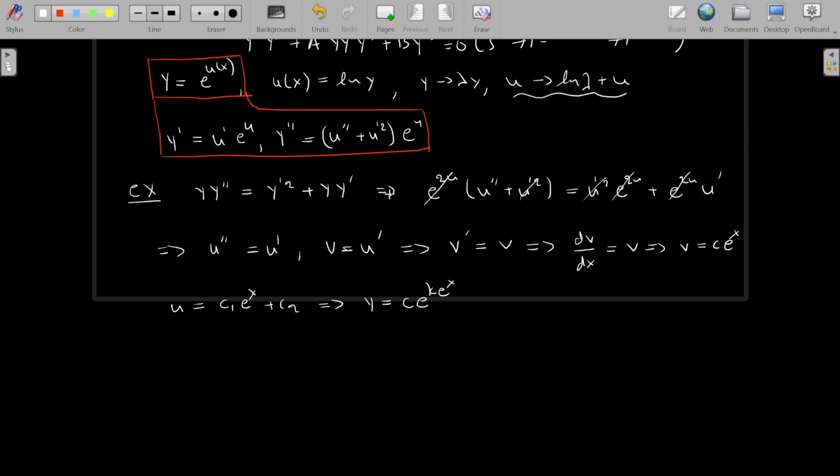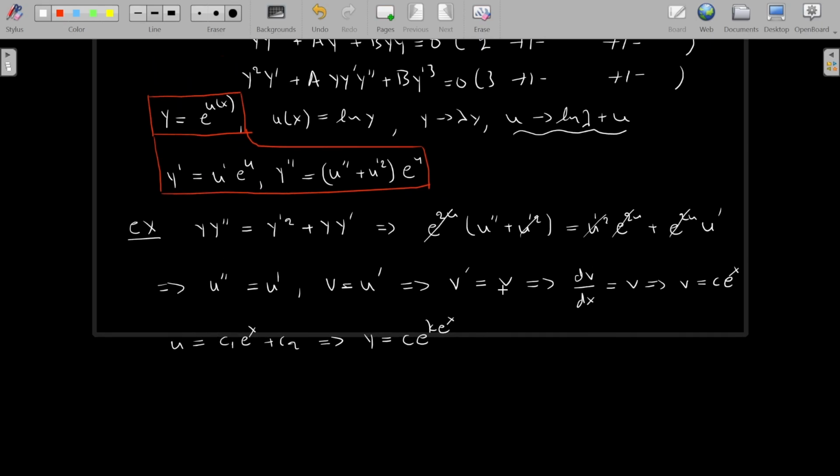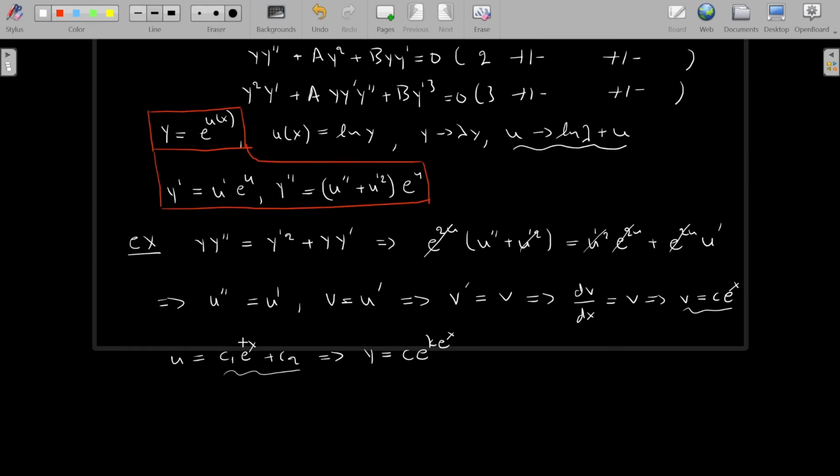We are going backwards. So we first found what v is, v of x, then we integrate this to find u, so u is the integral of this, which is this, and finally y is this guy, is e to this guy, right?